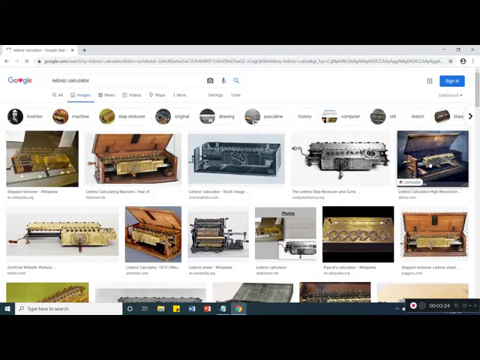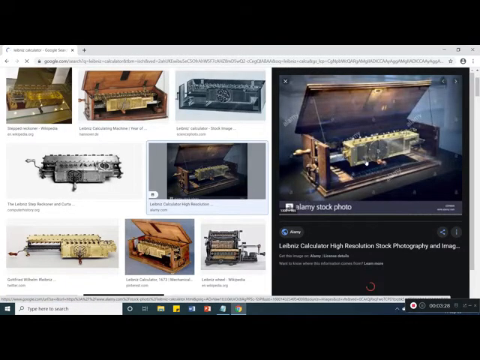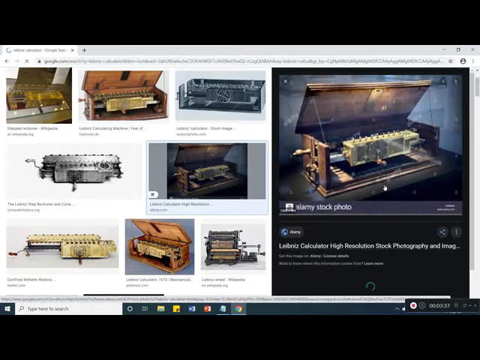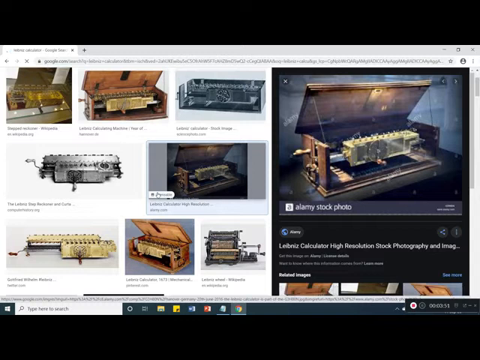You can see it is like a piano or harmonium type. Here is a Leibniz calculator in high resolution stock photography. Gottfried Leibniz, a German mathematician, invented this kind of device for calculating.